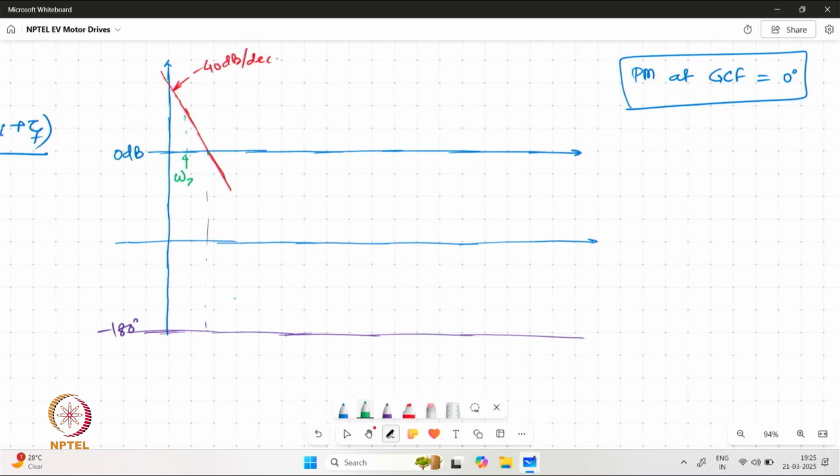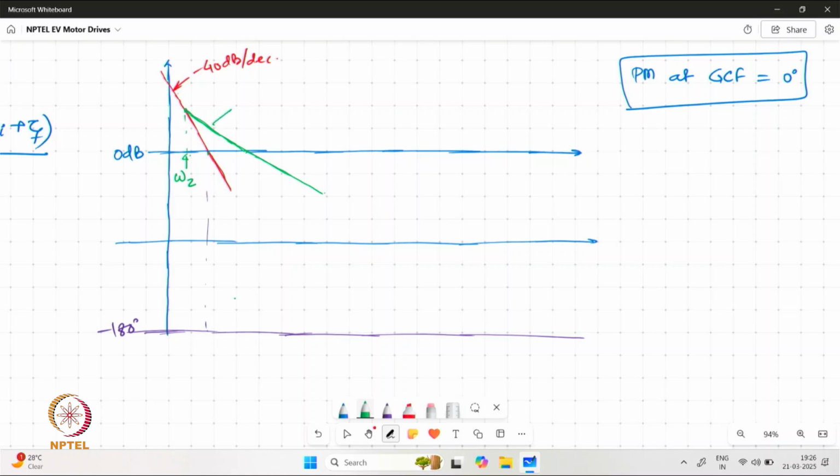I can mark it here by omega z. If this corner frequency is reached first, then the slope of the magnitude plot is going to change from minus 40 dB to minus 20 dB per decade.